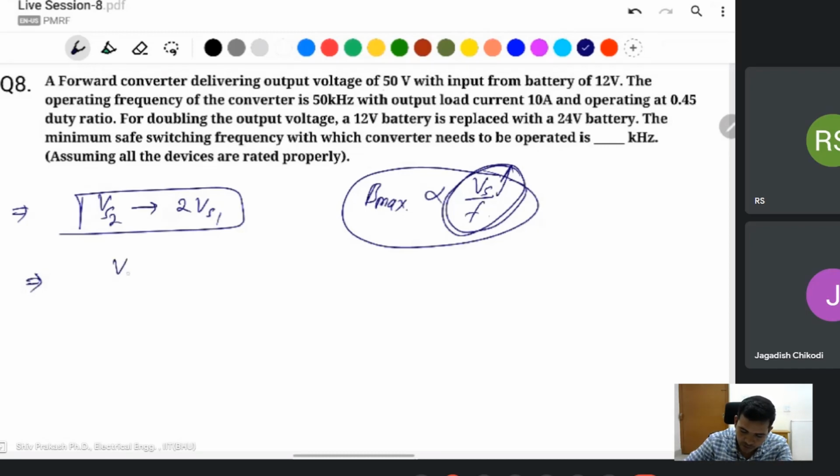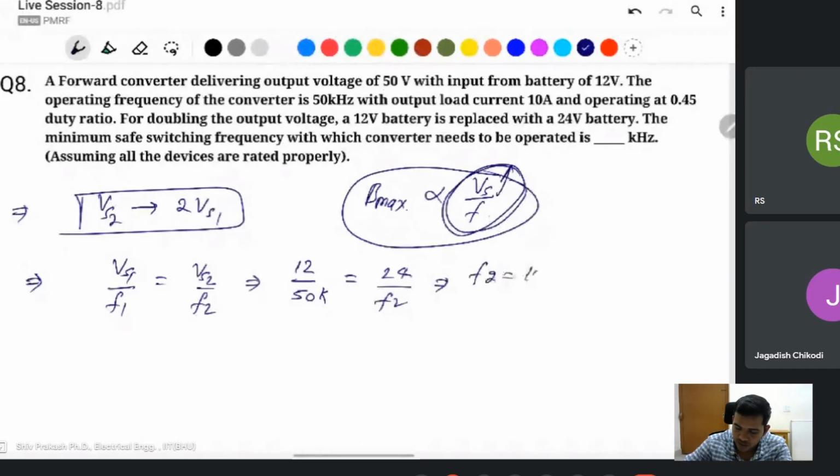So if the supply voltage increases from 12 volt to 24 volt, then Vs1 by F1 is equal to Vs2 by F2. Vs1 is 12 volt, F1 is 50 kilohertz, Vs2 is 24 volt, and F2 you can calculate: twice F1, that is 100 kilohertz.